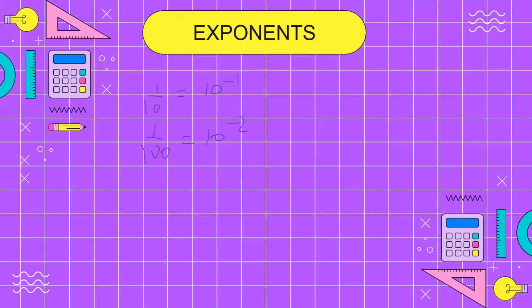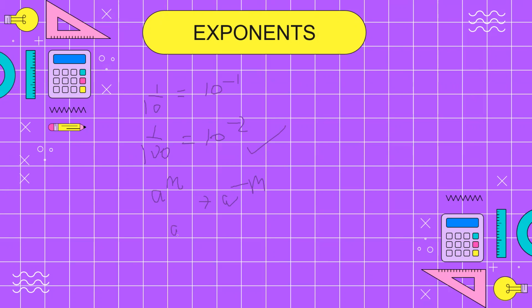Now, if we see a number which we write in exponential form, a raised to power m, we can write it as a raised to power minus m, as we have seen in this example. I will tell you one more example for this.